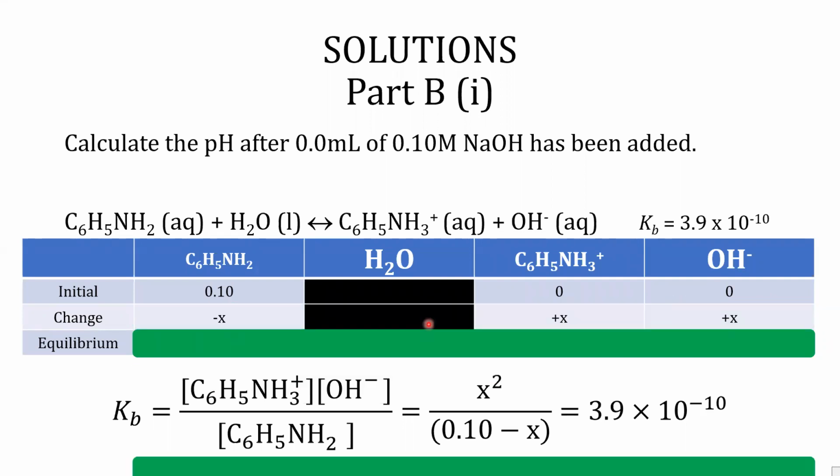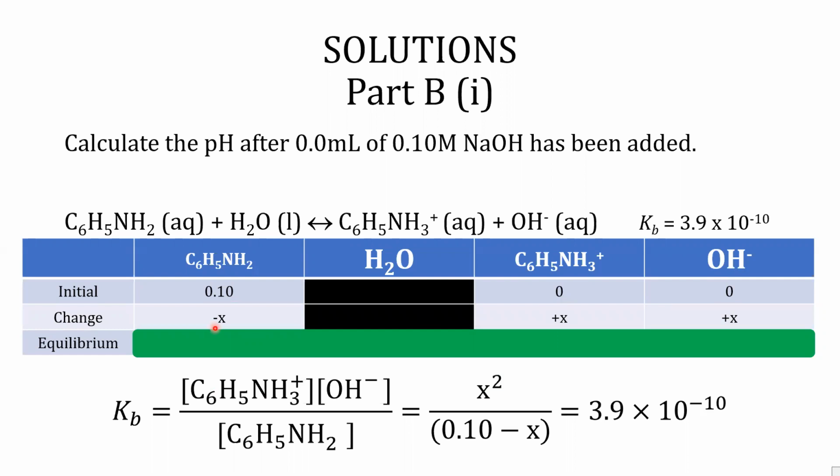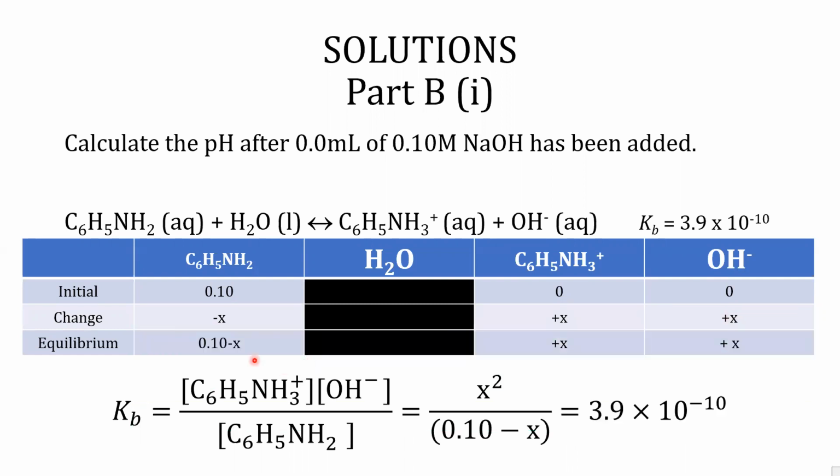The change is minus X for C6H5NH2 and plus X for both C6H5NH3+ and OH-. The equilibrium concentration is 0.10 minus X for C6H5NH2 and X for both C6H5NH3+ and OH-.